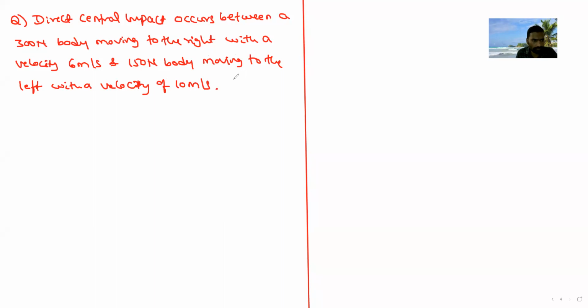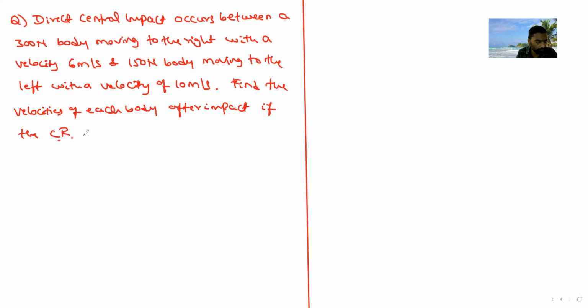Find the velocities of each body after impact if the coefficient of restitution is 0.8. So first write down the data that is given.